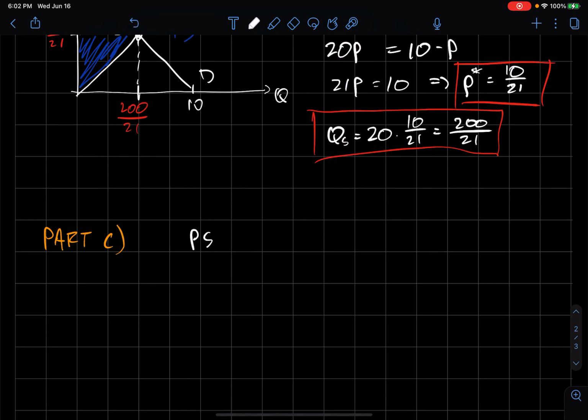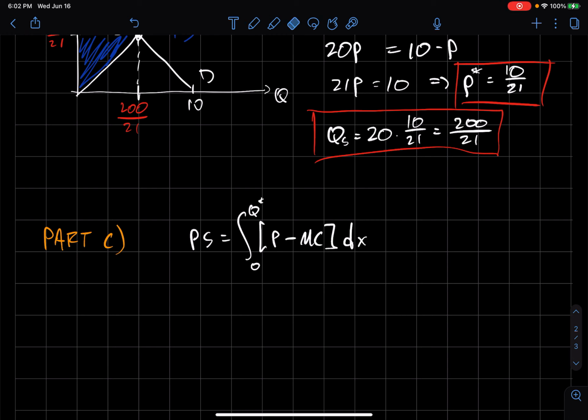Producer surplus is equal to the integral from 0 to Q. In this case, it's going to be Q star, whichever quantity we're exchanging at. And we integrate between the price minus the marginal cost, dx.